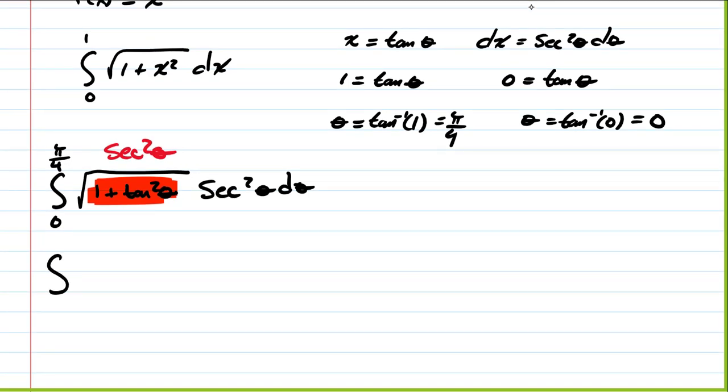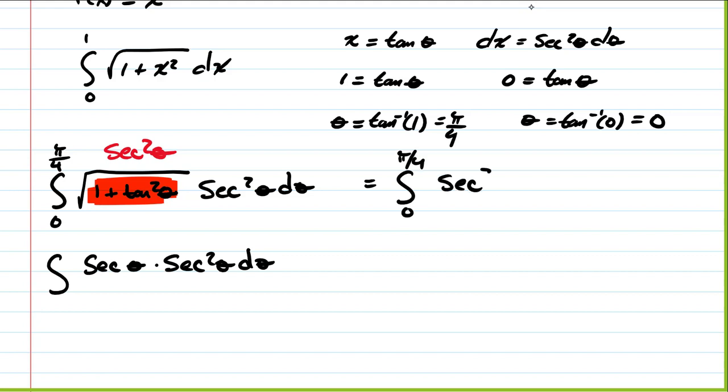So then the square root of secant squared theta is just secant. So we have the integral of secant theta times secant squared theta d theta, or if you prefer, secant cubed theta. So what's our strategy for integrating odd powers of secant?